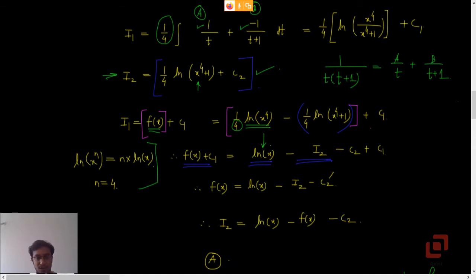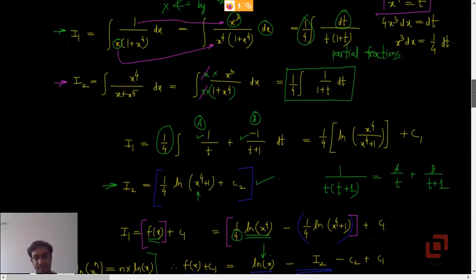So shift I2 to the left hand side, it will become positive. Send f of x to the other side, it will become negative. So I2 is log of x minus f of x plus some arbitrary constant, and that is option A. Let's check.